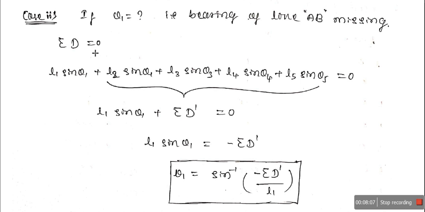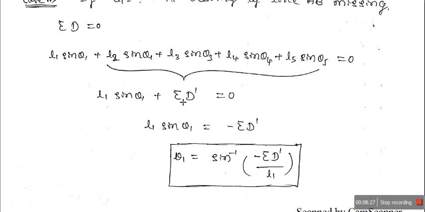Summation of D is equal to 0. Summation of D means what? Adding all the L1 sin theta 1 plus L2 sin theta 2 up to L5 sin theta 5 is equal to 0. Again, the same, for these we know all the data in this equation. So you can write it is summation of D dash, that is equal to 0.